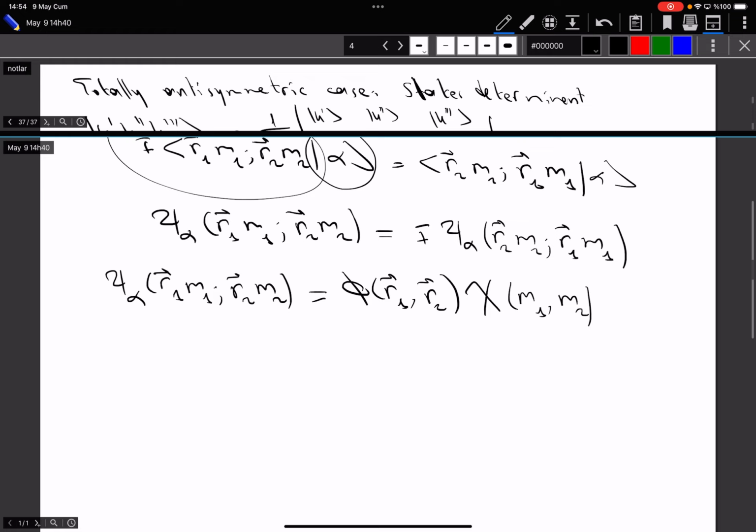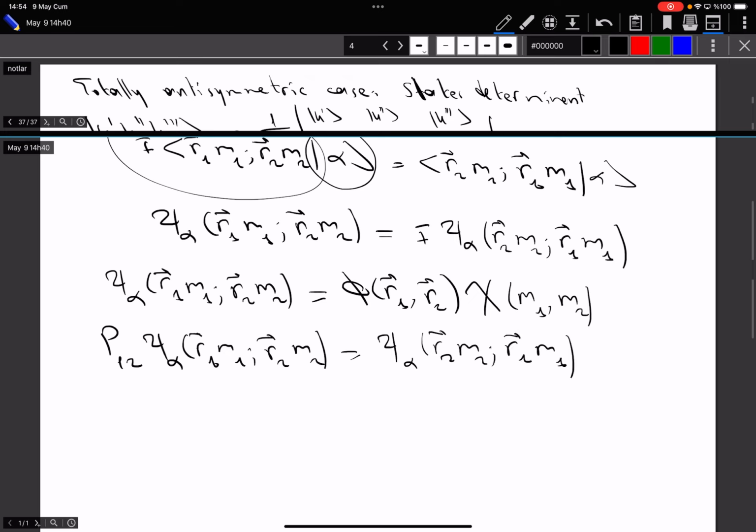And so this P12, in a sense, acting on psi alpha, will just exchange those things. This is how we can define P12 acting on this wave function.